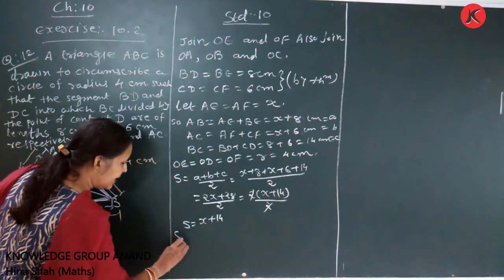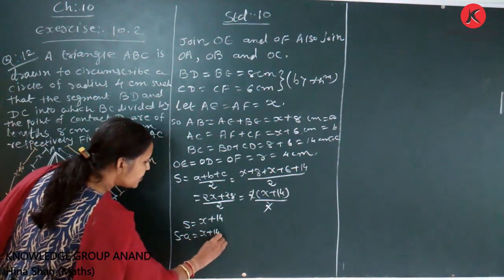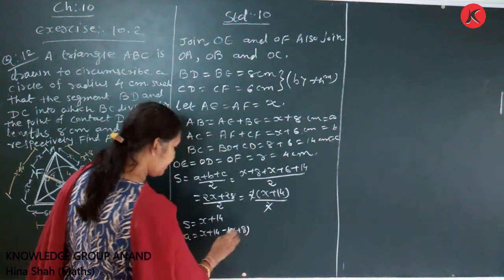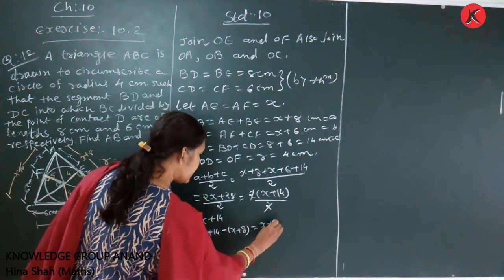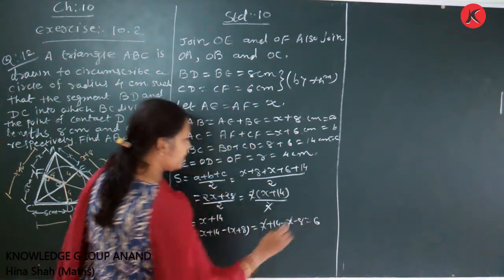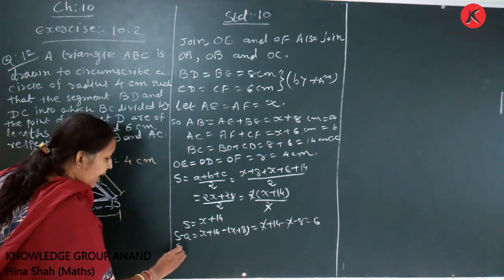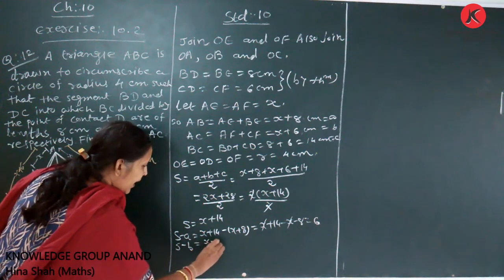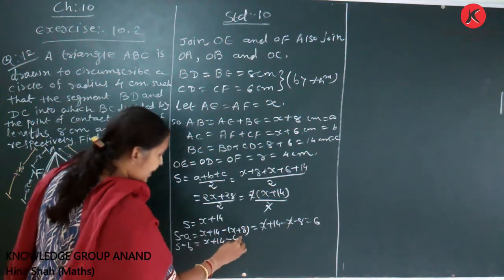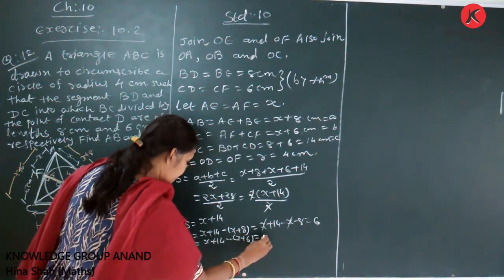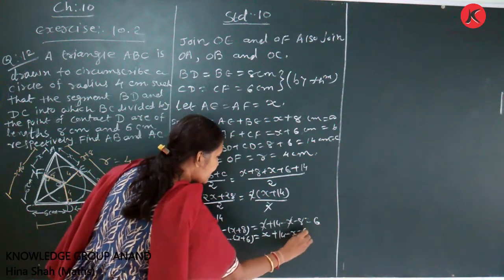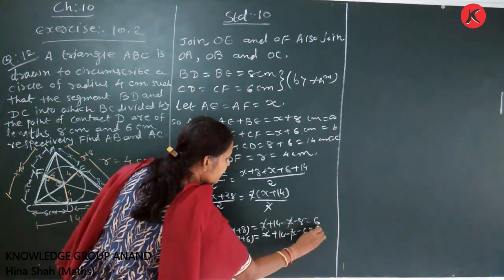Now s minus a is equal to x plus 14 minus x plus 8, which is equal to 6. s minus b is equal to x plus 14 minus x plus 6, which is equal to 8.